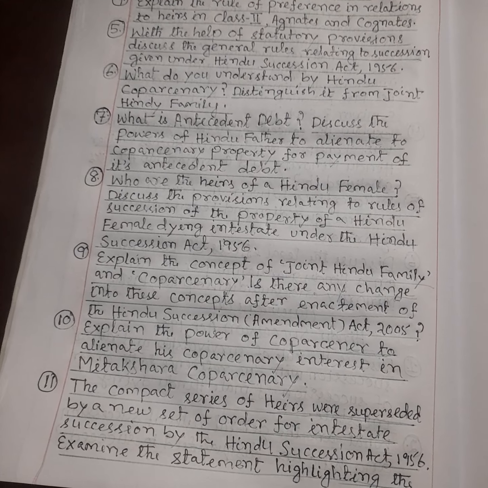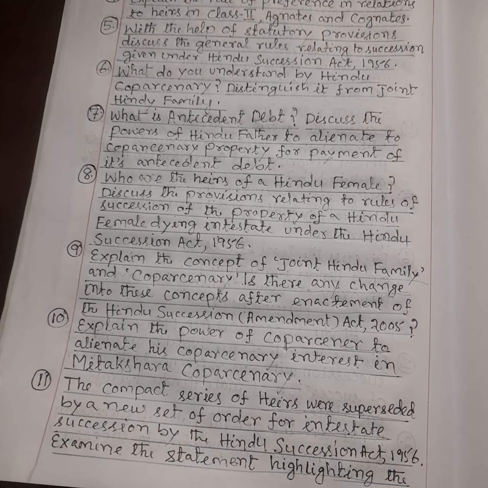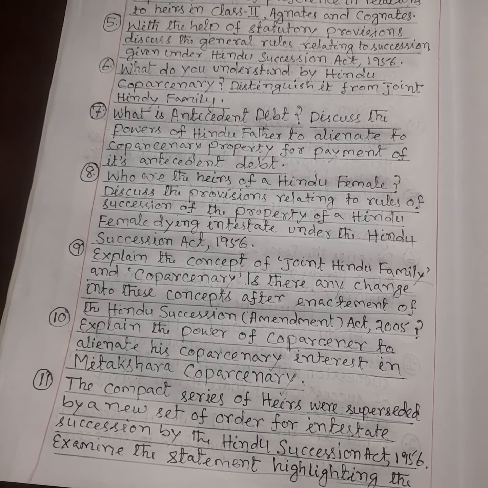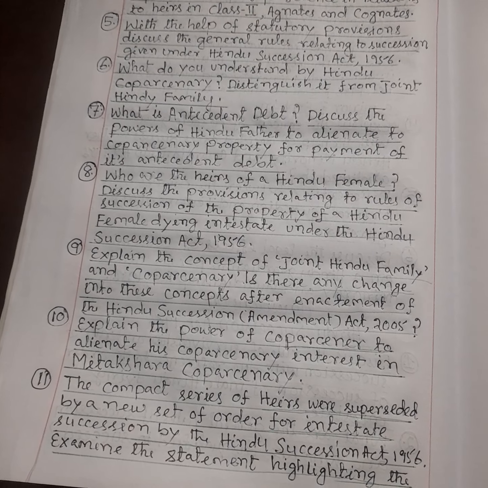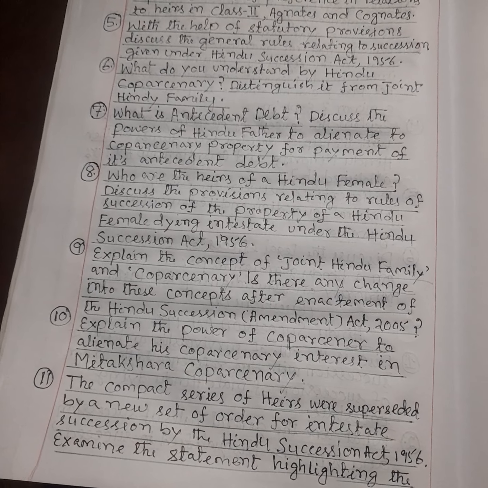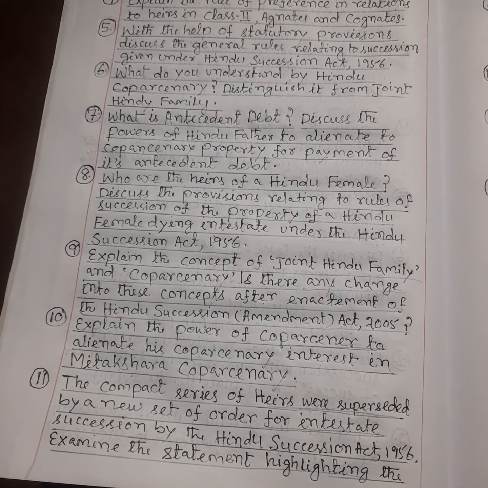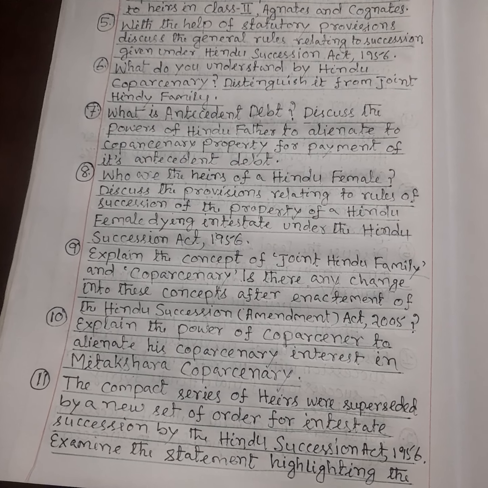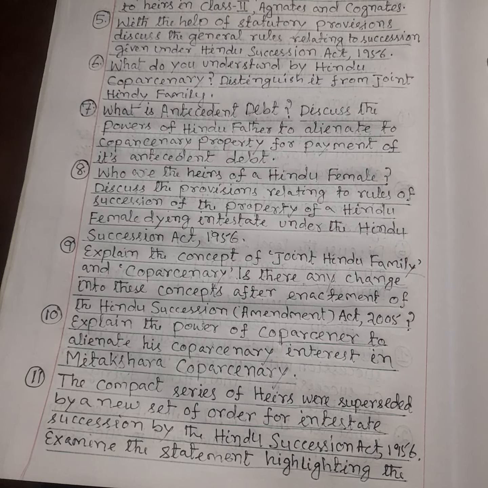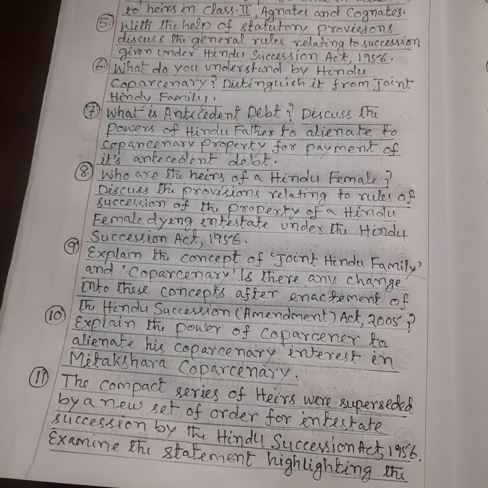A person related wholly through males, either by blood or by adoption, and such relations are father's brother or father's brother's son or father's son's son or father's son's daughter, are considered as agnates.